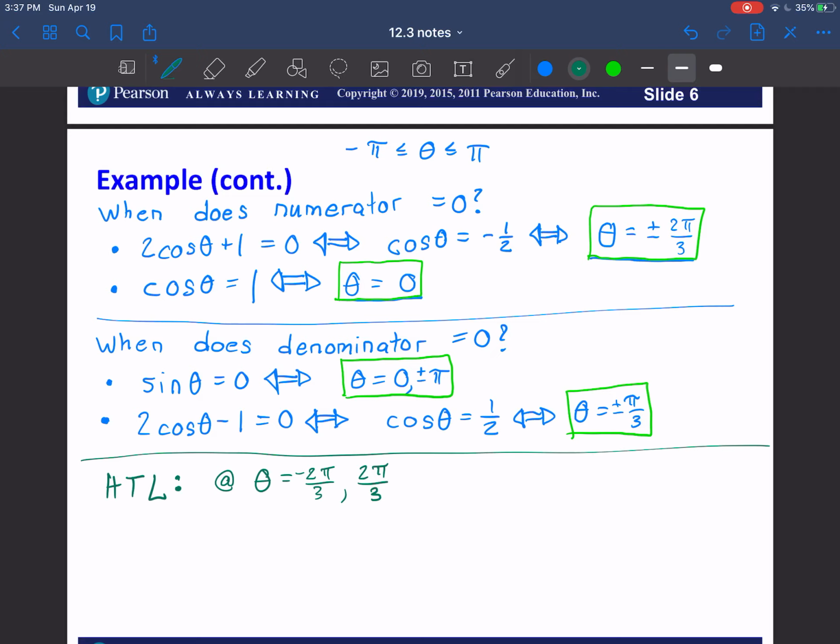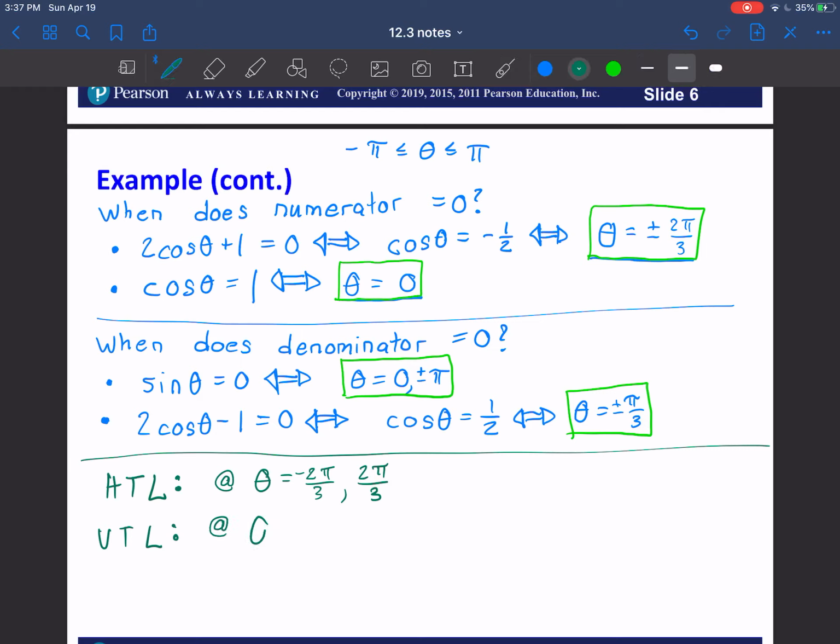All right, and a vertical tangent line occurs when the opposite is true: whenever the denominator equals 0, but the numerator does not. So the denominator will equal 0 at 0, plus or minus pi, and plus or minus pi over 3, as we already discussed. At theta equals 0, both numerator and denominator are equal to 0, so we will have to reconsider that in a second.